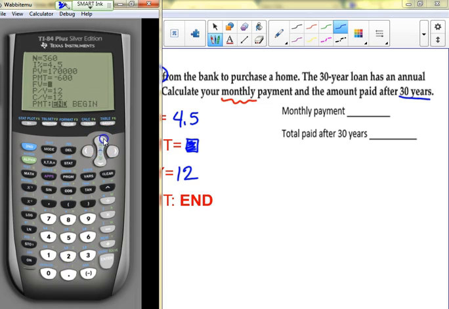Okay, so when we get that all put in, we went to payment and we solved and got $861 and something. Anybody get that? $861.37. Real quick, if you borrow money from a bank, it used to be you got a little checkbook that you tore a paper out of and sent in with your payment, and it had all your account information on it.